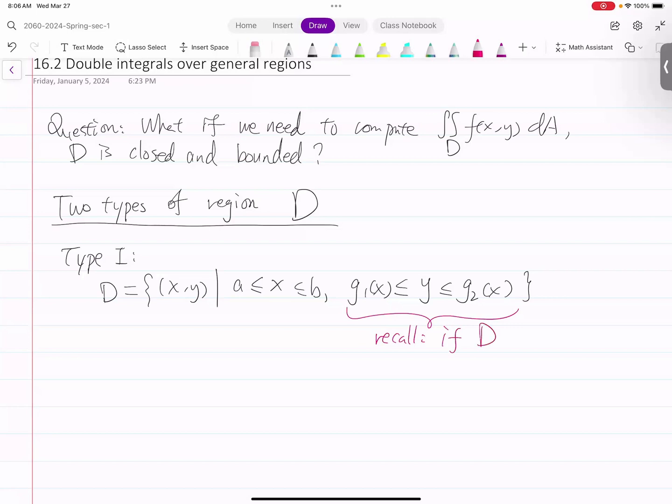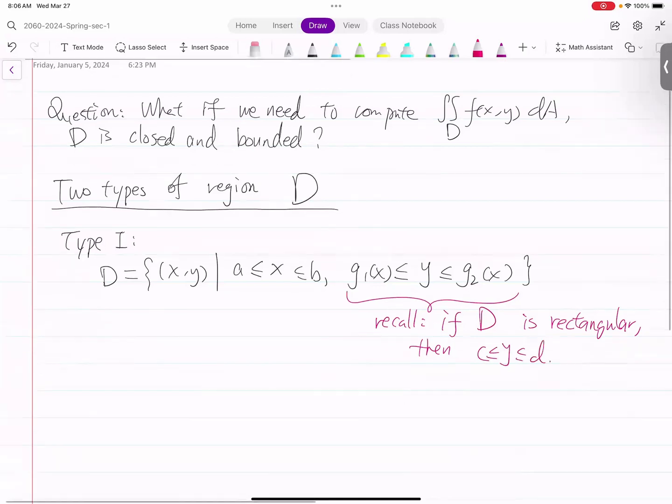So if D is a rectangle, then y is simply between two constant functions.